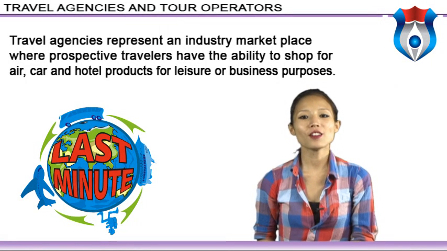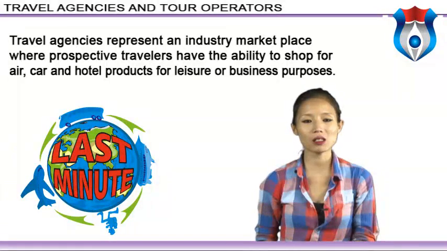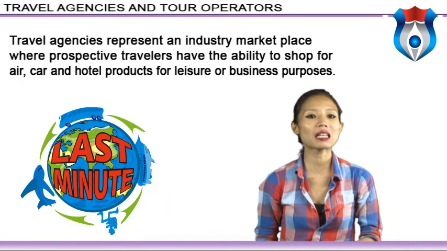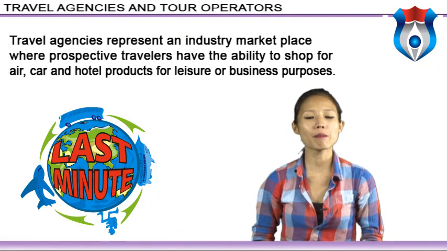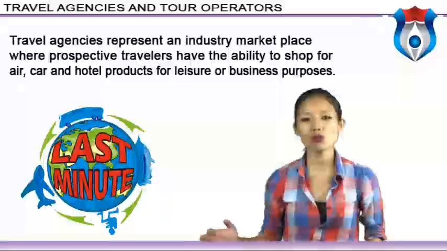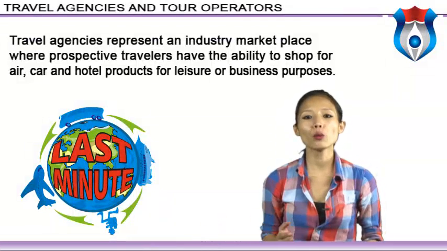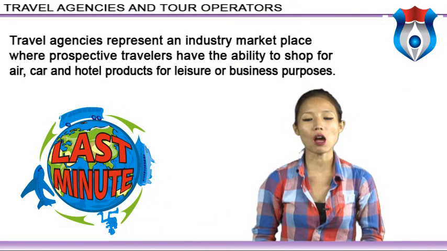Travel agencies also account for approximately one-third of all hotel room sales and car rentals in the US. The four principal global distribution systems, GDS, operating in the US, Galileo, Sabre, WorldSpan and Amadeus, provide the electronic infrastructure through which most of these transactions are processed.